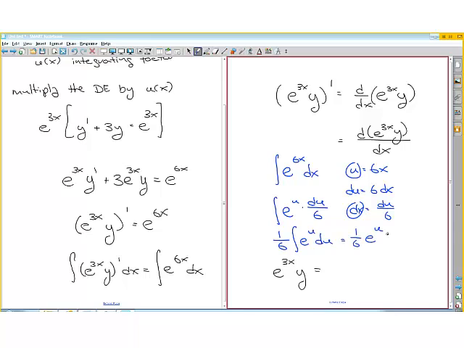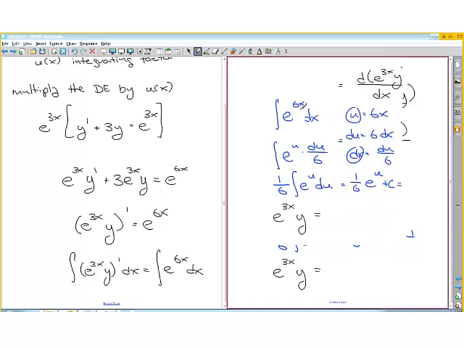So we get 1/6 e to the 6x plus c. So that's the integral. The quick way would be to say, okay, I know that I'm going to divide by this coefficient. So I take 1/6, and so I divide by the derivative of this thing, basically. And I know the integral of e to the 6x, I just make it e to the 6x. So you could do it quickly if you're so inclined.